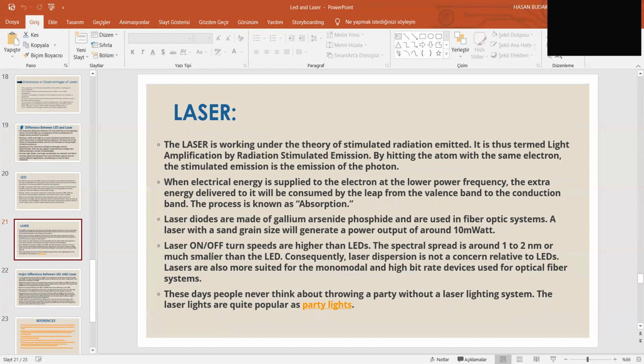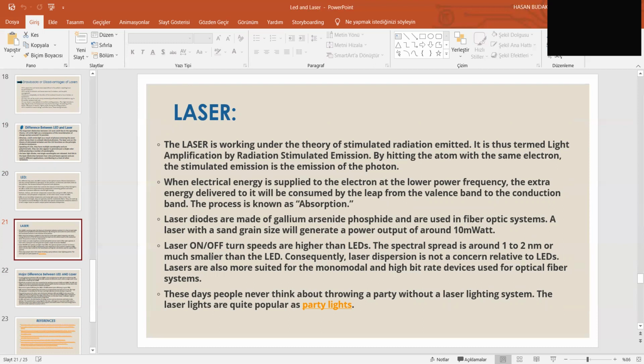Laser diodes are made of gallium arsenide phosphide and are used in fiber optic systems. A laser with a small grain size will generate a power output of around 10 watts. Laser on-off turn speeds are higher than LEDs.